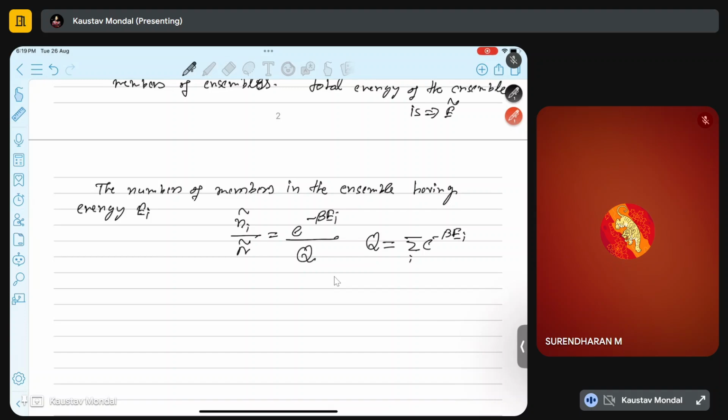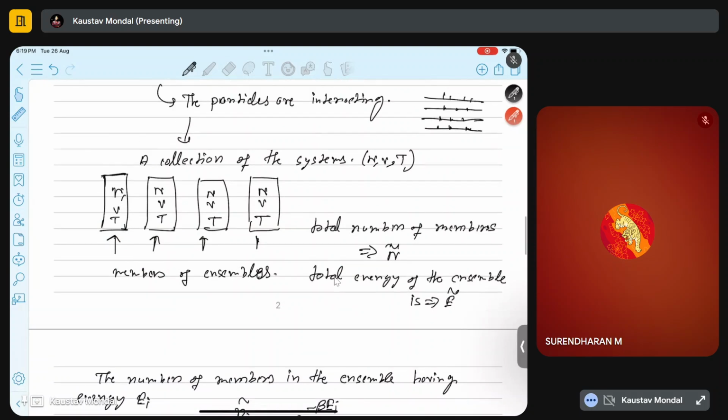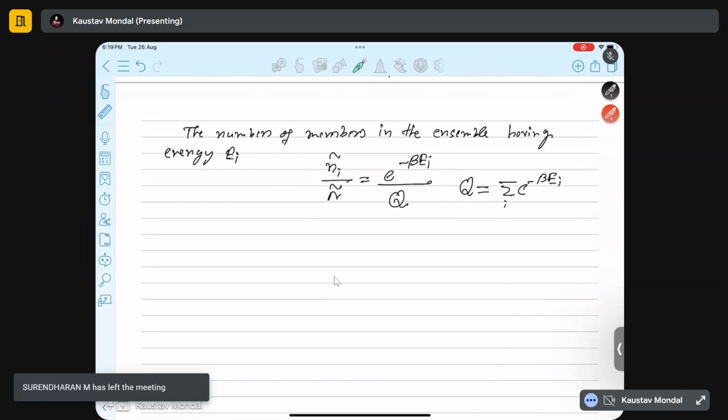Ni tilde is the number of members of the ensemble that have the energy value Ei.